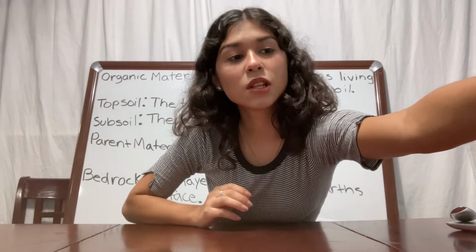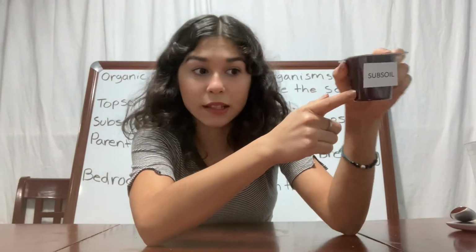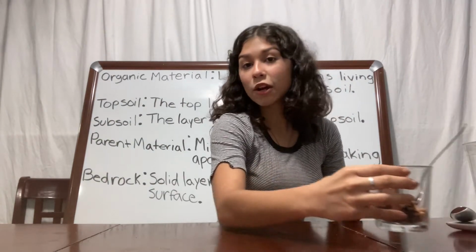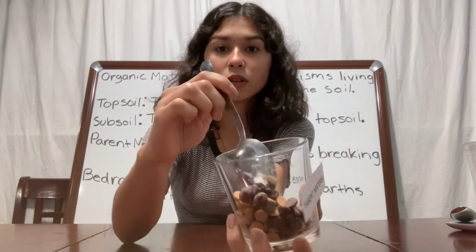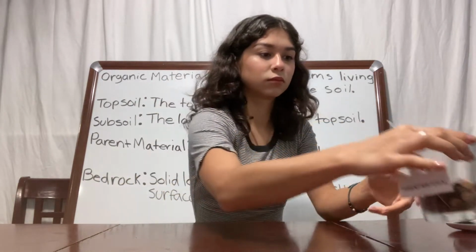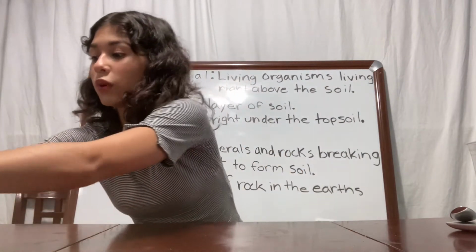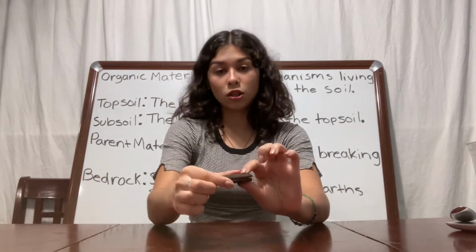Next, we have the subsoil, for which we are going to use pudding. For the parent material, we are going to use chocolate chips. And for our bedrock, we have yummy Oreos to represent the solid layer in the Earth's surface.